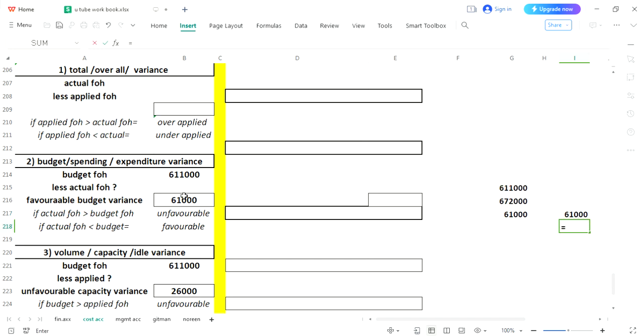And secondly, the second option is you will write the same thing again, 611,000 and 61,000. Here you have added, and now I am subtracting 611 minus 61,000, and now you will see when you subtract 611 minus 550, again you will get the same answer.